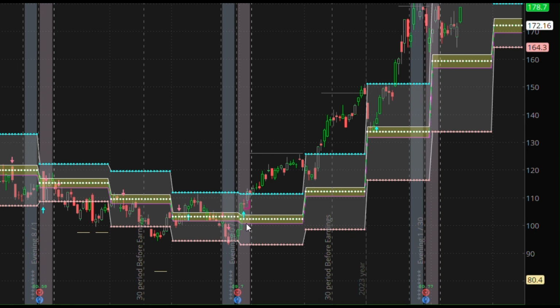We could have bought there, and this is the sell stop, which is 1.5% below the middle line. We see that we had a 60% run in one quarter of AMD. So for individual stocks, I would recommend buying after the earnings rather than in the middle of the quarter.